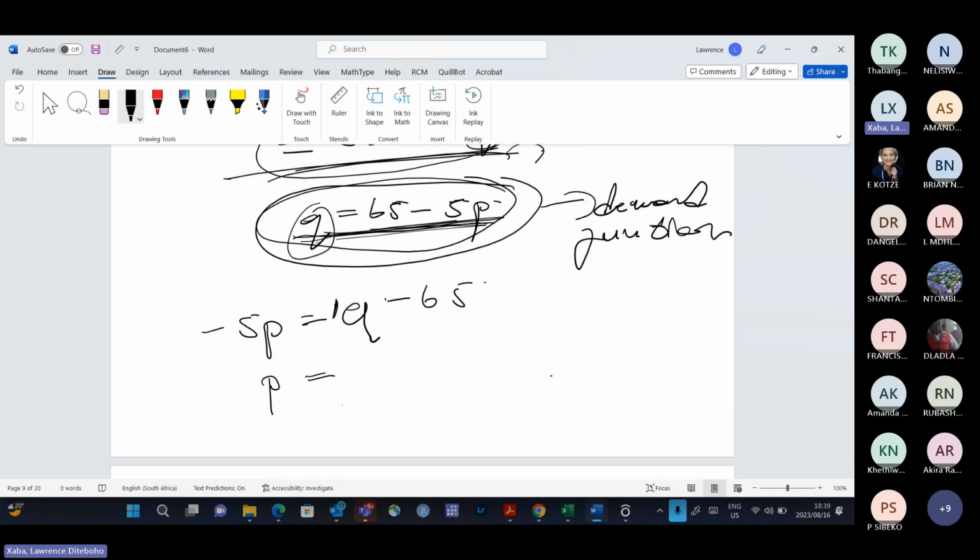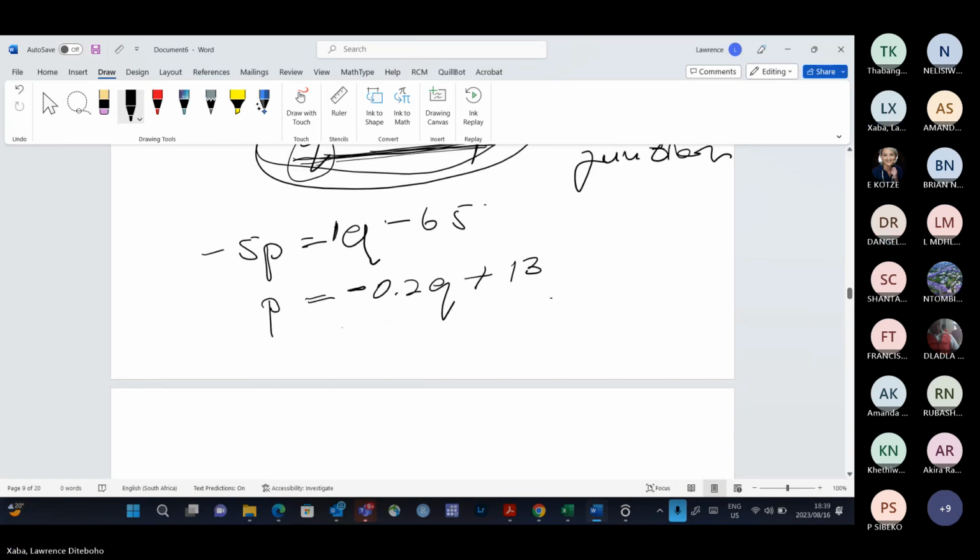Then we end up with P equals negative 0.2Q plus 65 divided by 5, which is 13. Do you follow, guys? Yes, we follow.